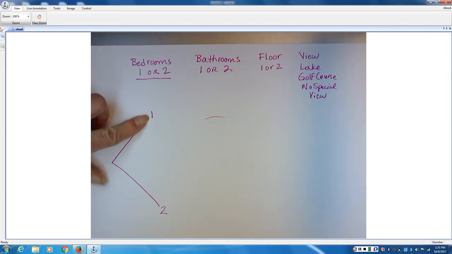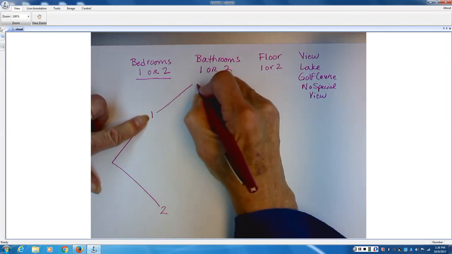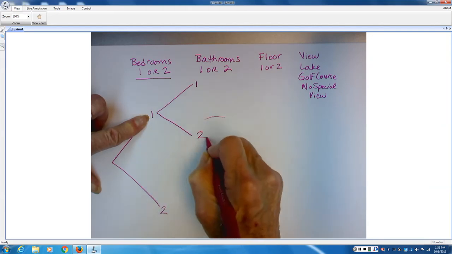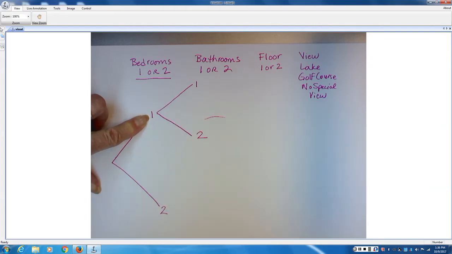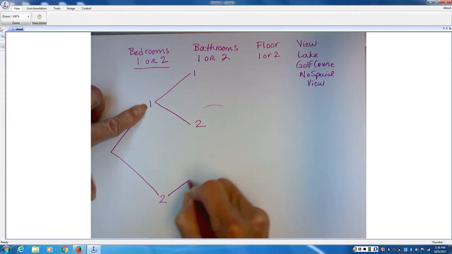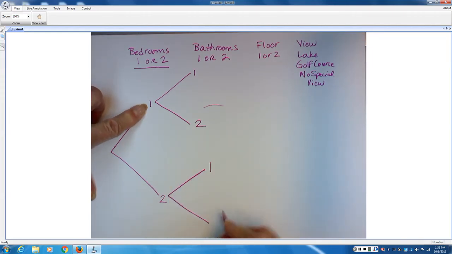Now, if you chose a 1 bedroom, you could also choose a 1 bath. Or you could choose 2 bathrooms. Same thing if you chose 2 bedrooms. You could choose 2 bedrooms and 1 bath, or 2 bedrooms and 2 bathrooms.